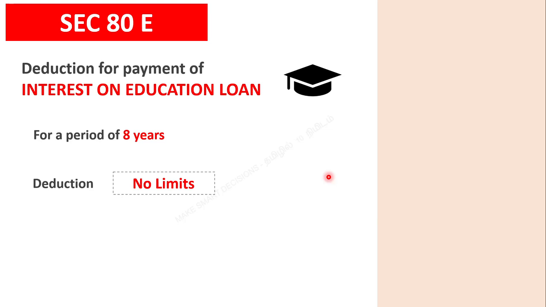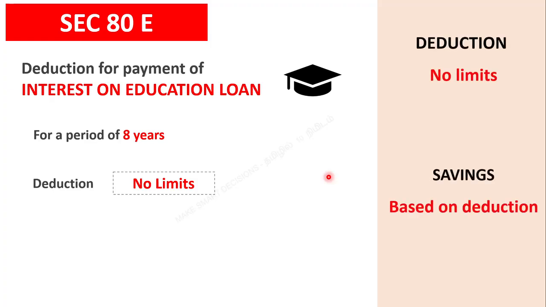There are no limits to it, right? So depending on your income tax slab and how much interest you are paying, the deduction will be applicable. So in my case, when I took a loan of about 10 lakhs 10 years back, on average I used to save about a lakh or 1.2 lakhs a year on this particular section.